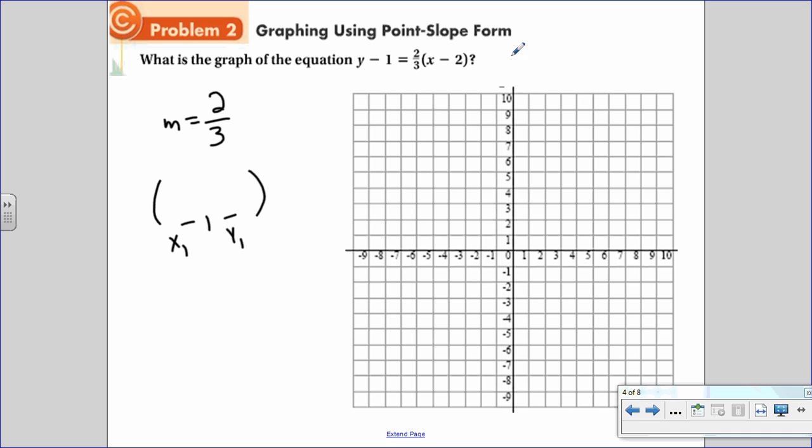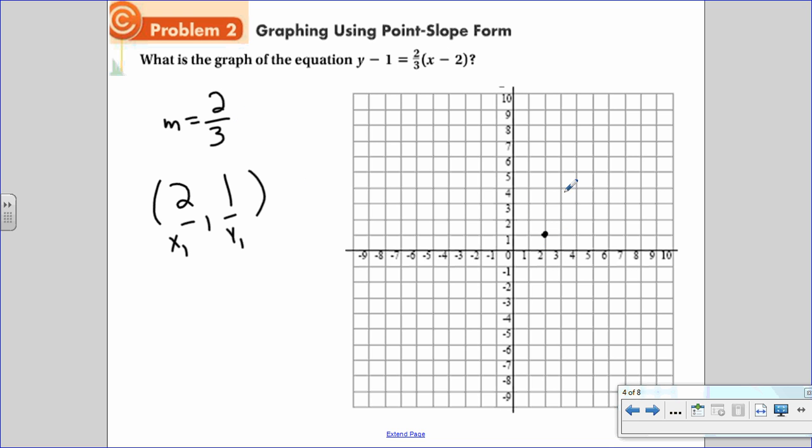The equation says that it's supposed to be x minus x1. So if it's x minus x1, you ask, what is this number right here? It's a +2, and the same goes for y1, it's a +1. Now we have a point. We can go over 2 and up 1, and we know that's a point.